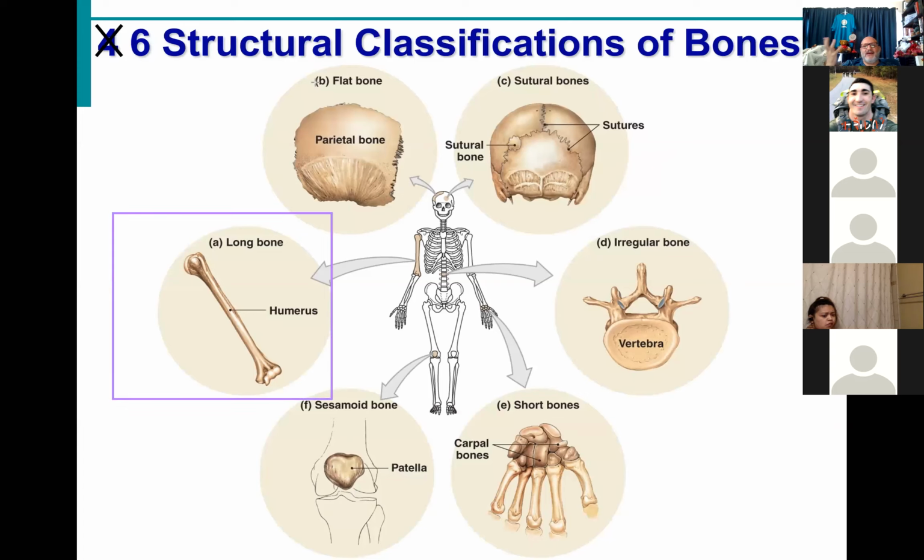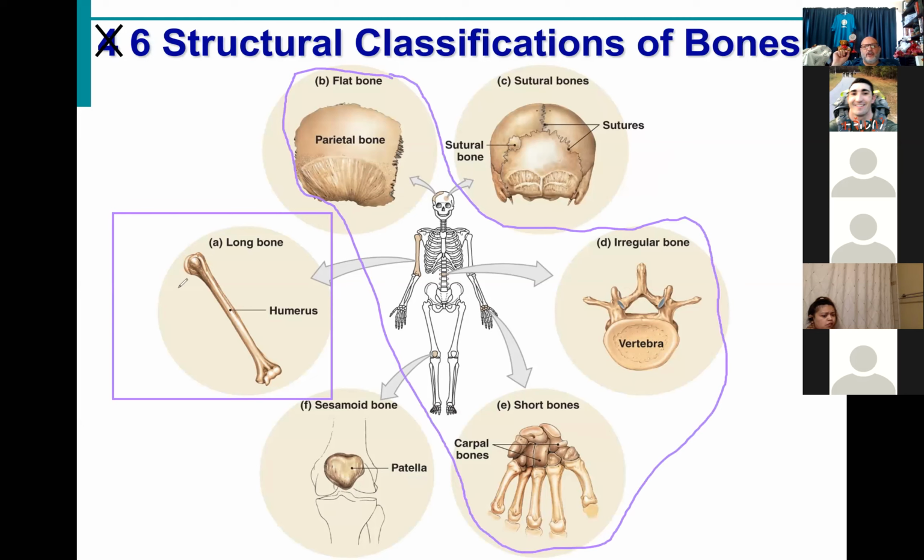And then, because they're all kind of similar, we are going to take the flat bones, the short bones, and the irregular bones and lump them together because their anatomy is kind of consistent. We're going to look first at the long bone because this is the one that has the most anatomy to it. Then we'll look at the basic anatomy of the rest of these bones and compare those. And once we've identified the types of bones, then we can finally start talking about bone features. And that will lead us to today's lab.